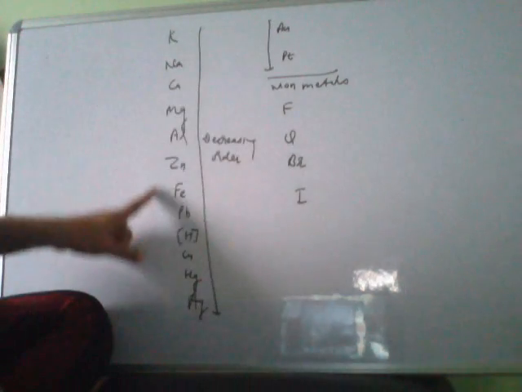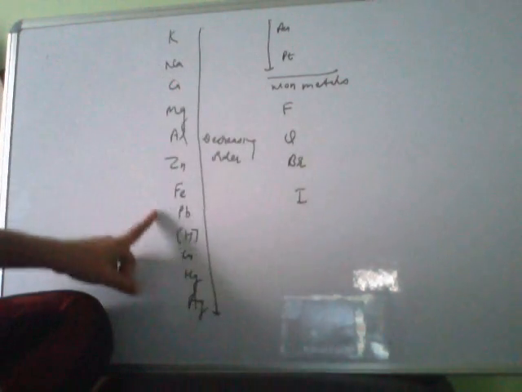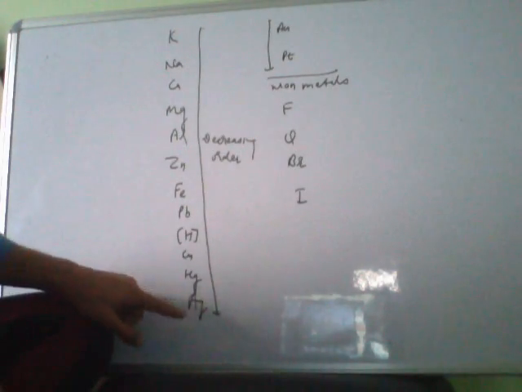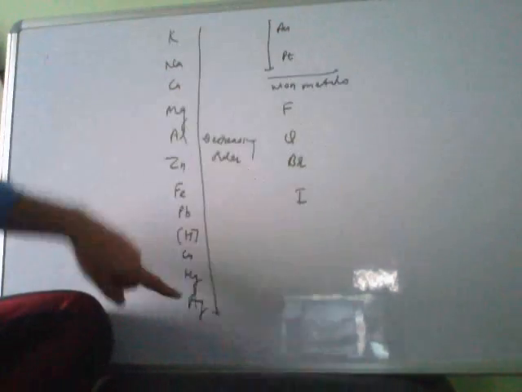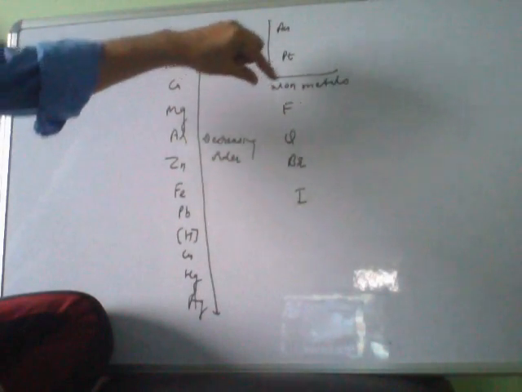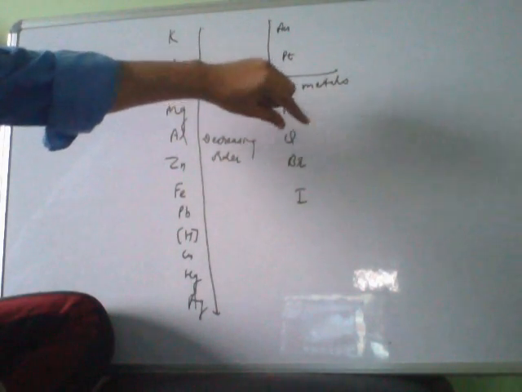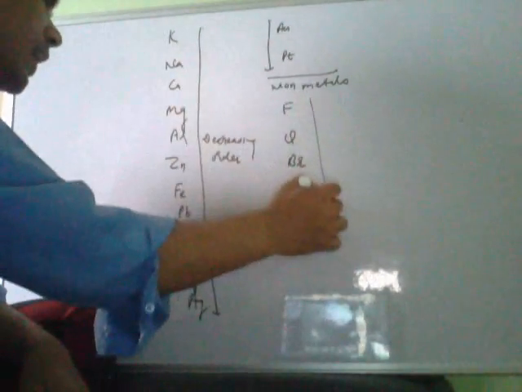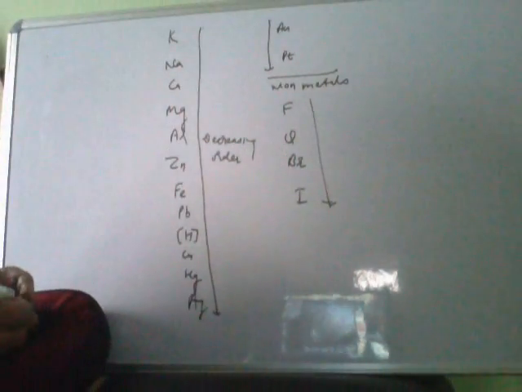These all, when they react with acid, will release hydrogen gas. Then copper, mercury, silver, gold, and platinum. For the non-metals, fluorine will replace chlorine, chlorine will replace bromine, and bromine will replace iodine. This is known as the reactivity series.